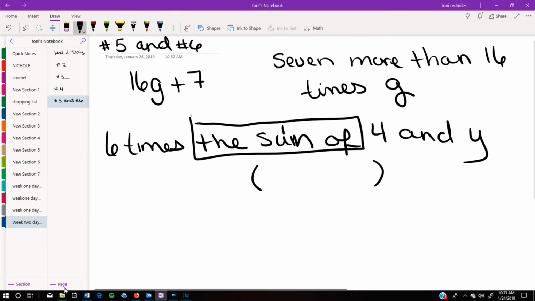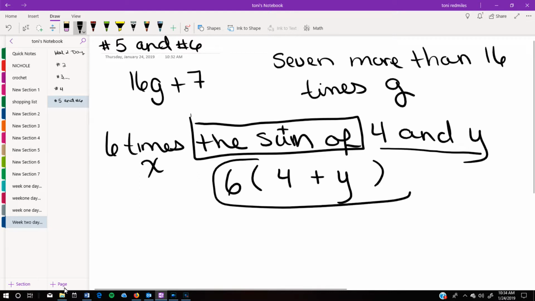And because it's sum, it means an added parentheses. And I can see by the 4 and y that that is what goes inside my parentheses. Times means just that, times. So I have 6 times this parenthesis. So I'm just going to write my 6 out here, and here is my expression. It was that easy. All right?